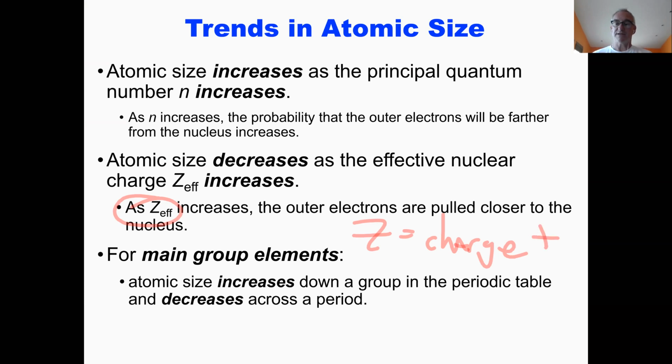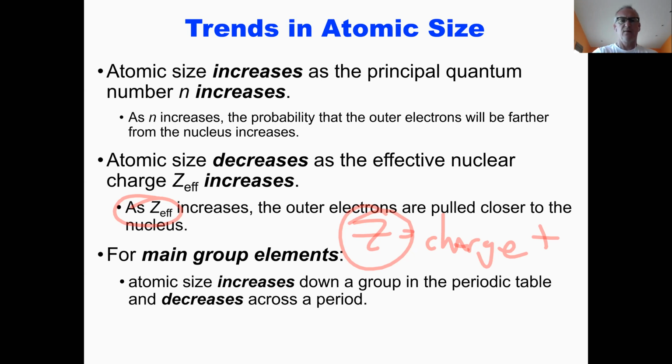So it was the positive charge in the nucleus. And obviously, as you add protons, this number got larger and larger. What we're going to learn today is effectively, what does that mean? I mean, just because we're adding charge does not mean that it's affecting those outermost electrons exactly the same. Some increases in charge are more effective at pulling those electrons closer than others.